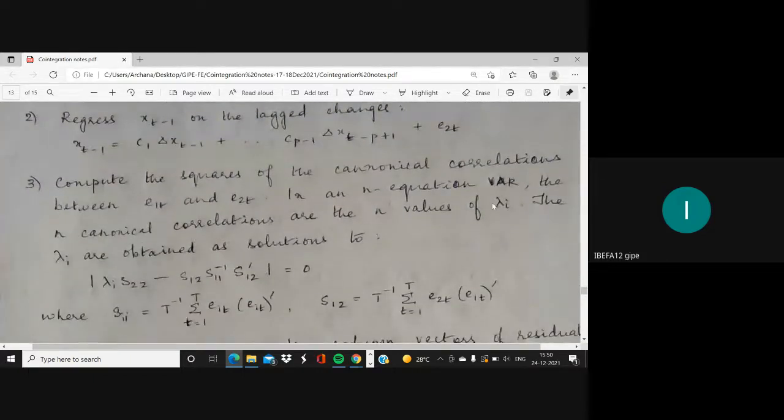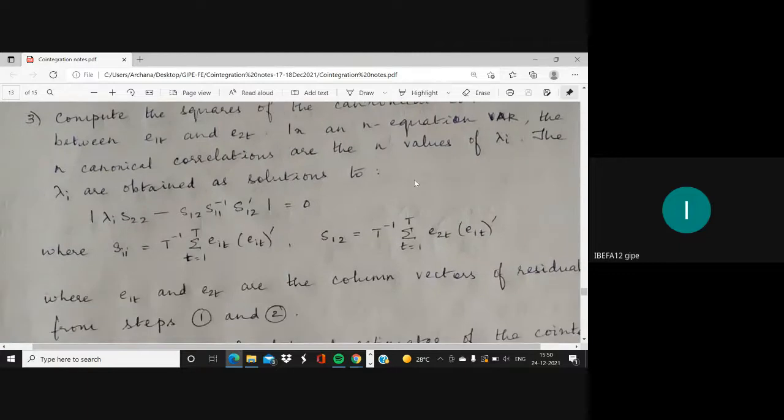So in this VAR model, since you will be using n by n square matrices all the time, you will have n characteristic roots. Okay, so the n canonical correlations again are the n values of lambda i. And these lambda i are obtained as solutions to this equation.